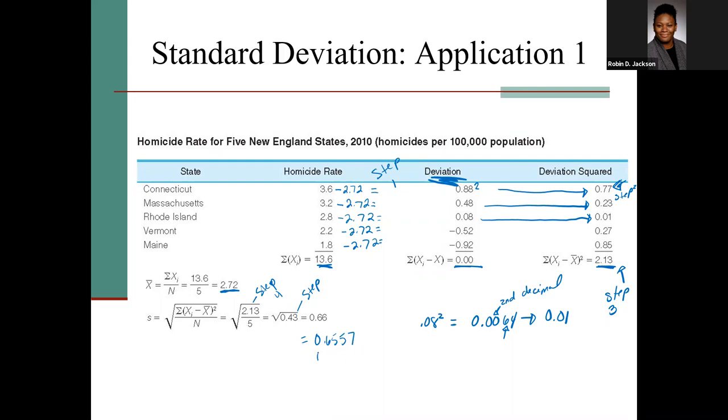When you round that, that should be 0.66, because this 5 is going to turn that into a 6, okay? So for this particular sample, the 5 New England states, the standard deviation is 0.66, okay?